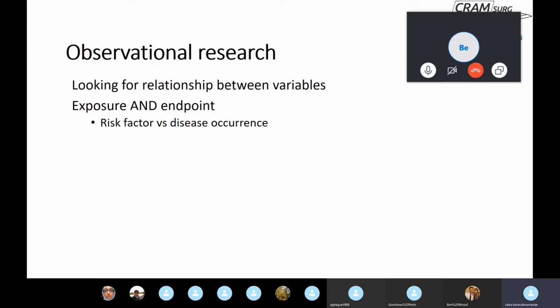Now, for example, if you're looking at a study that is evaluating the risk of obesity on infection after appendicectomy, you're looking at obesity being the risk factor and infection being the occurrence of disease.